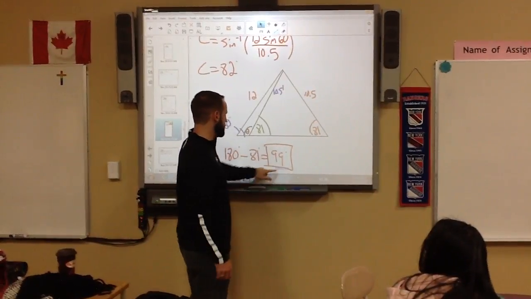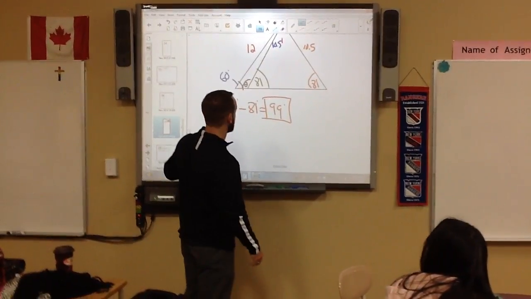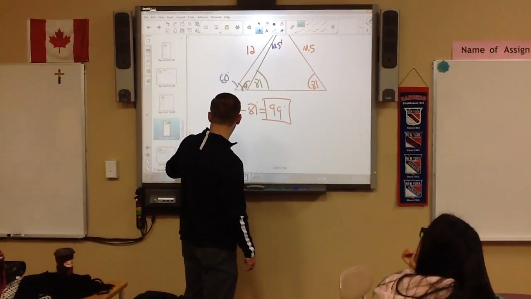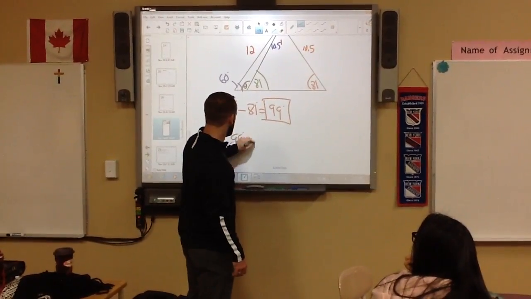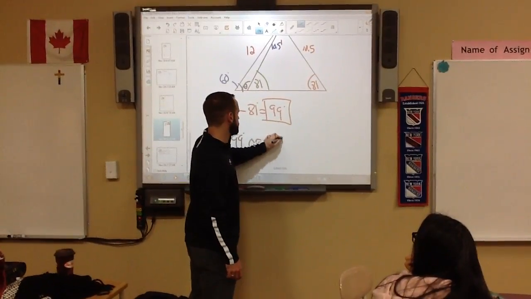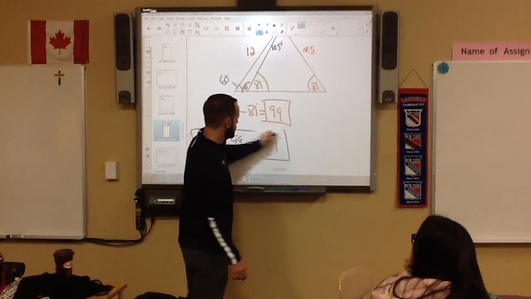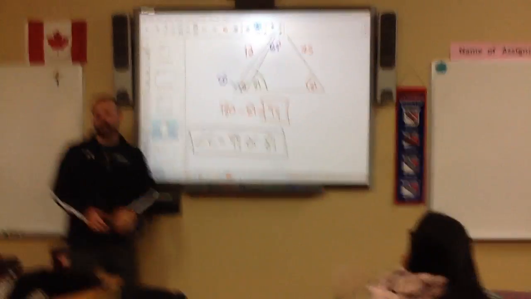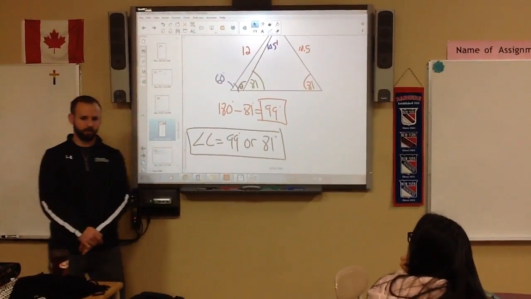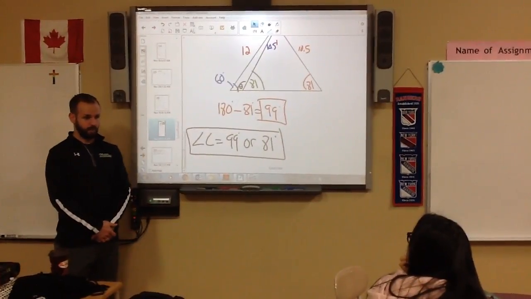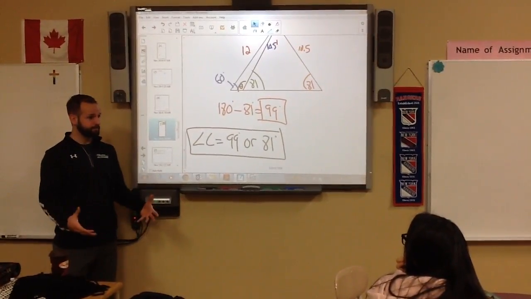So that tells me that I could have two answers for angle, in this case C. Angle C could equal 99 degrees or 81 degrees. That's how I would solve the ambiguous case, labeling and acknowledging that we have two possible angles. That make sense? It's a lot.